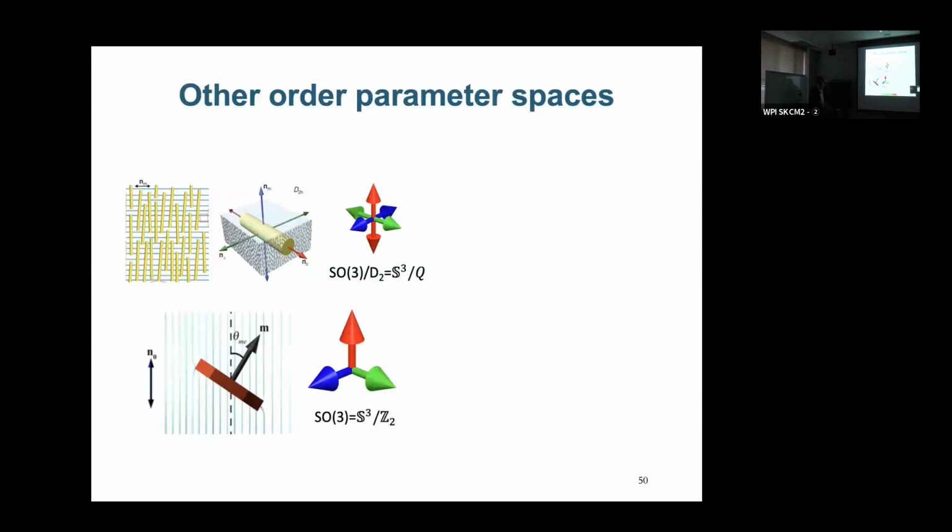And so while the focus of my talk today was mainly on the pretty simple order parameter spaces that are described by unit vector fields or unit director fields, we can have physical systems like liquid crystals and other condensed matter states that have more complex order parameter spaces.